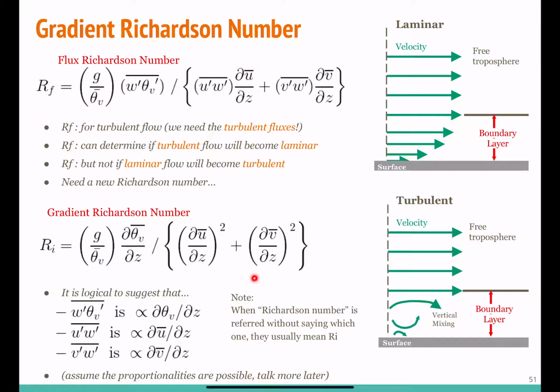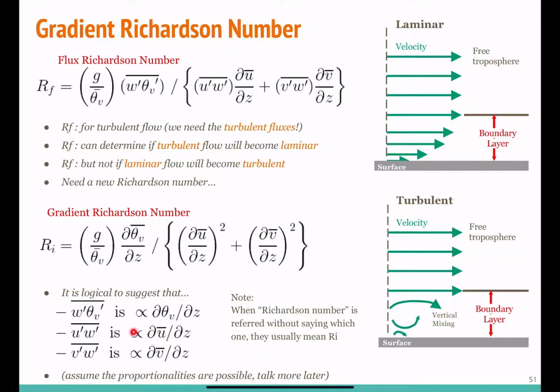So that's why we have to come up with another Richardson number, which is called the gradient Richardson number. We turn the covariances in these two terms into the gradient of the mean wind. By doing that, we are assuming that, for example, the gradient of the mean wind is proportional to the negative covariance.